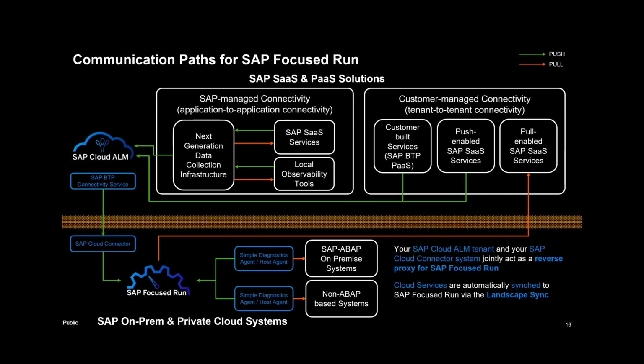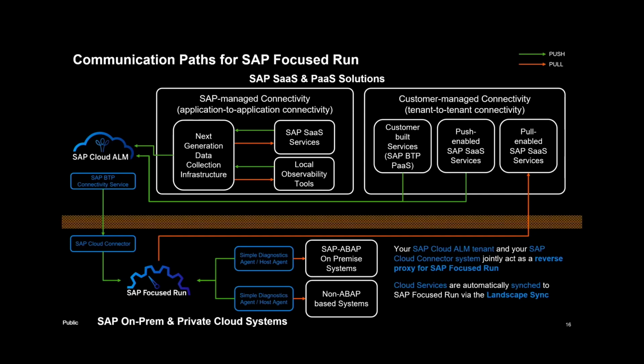It's really minor, just a short extension. And then we send it to Cloud ALM. All you have to do in Cloud ALM is set up your Cloud Connector so that it can let information from Cloud ALM through, and it goes straight into Focused Run.